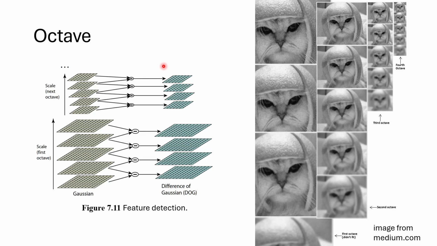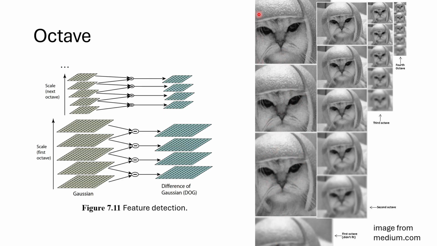Because it creates not a single image, but a set of images. Suppose this is the input image. It will apply different Gaussian filters to gradually blur the image. So this one is the clearest, this one is slightly blurred, and this one is more blurred, and there are several layers.